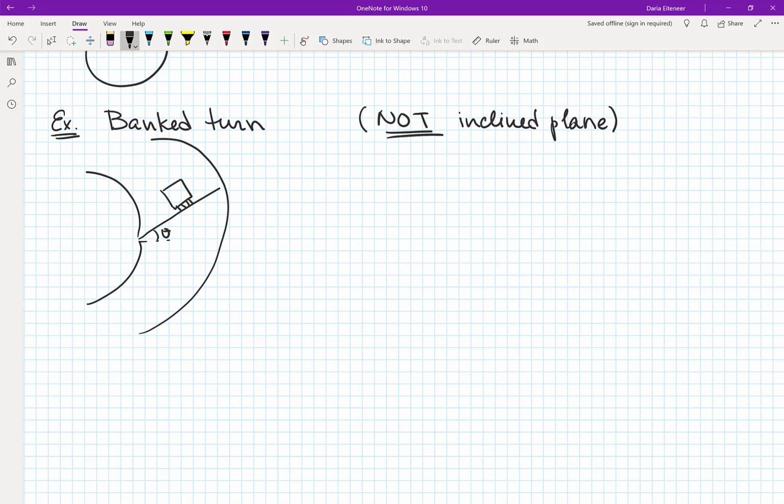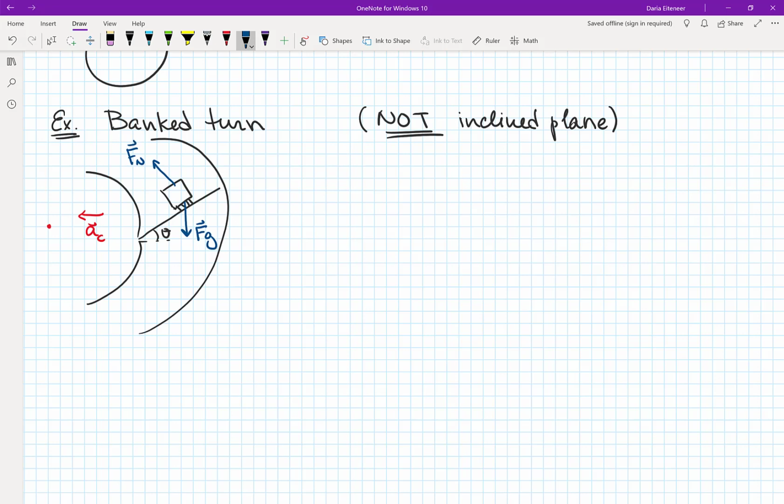Okay? So here, the center of that turn is over here, right? So there is the centripetal acceleration. This is not a complete free body diagram, but I'm just going to leave it at that. So there is going to be a gravitational force and a normal force.